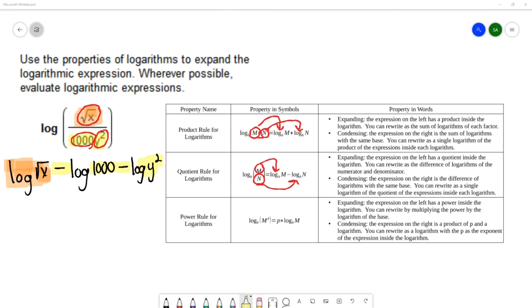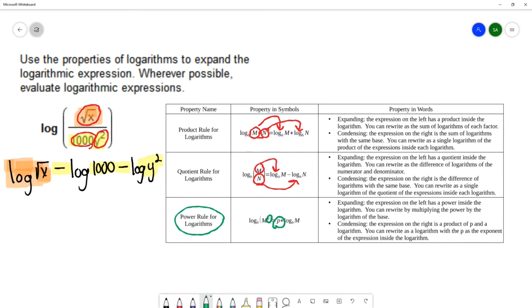So those product and quotient rules have allowed us to expand that single logarithm into the log of each one of those factors. This last property is the power rule, so it doesn't really expand into multiple logarithms, but if we have a power on an expression inside the logarithm, we can move that power to become the coefficient on the log.